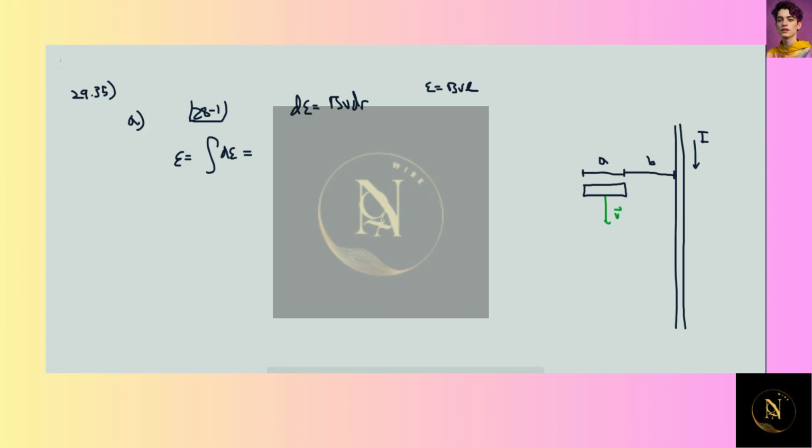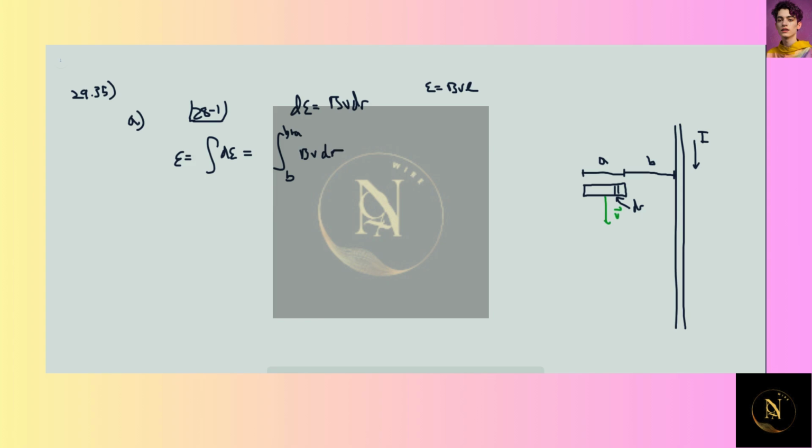So if we just integrate dr, with that being a small section of the rod, then we're going to integrate from b to b plus a of B v dr.